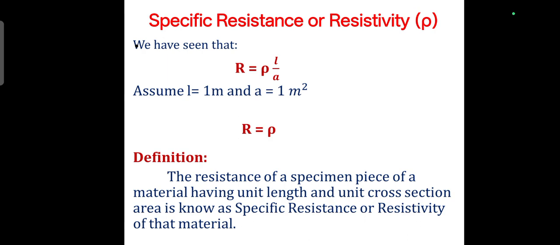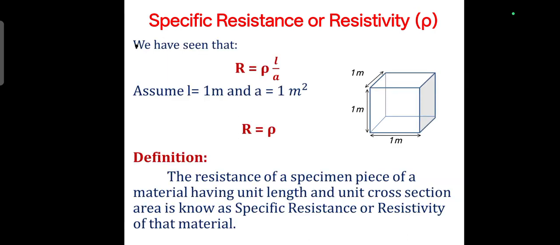So specific resistance is simply the resistance of that particular material, but with the condition that it has unit length, here 1 meter, and unit cross section area, 1 meter square.